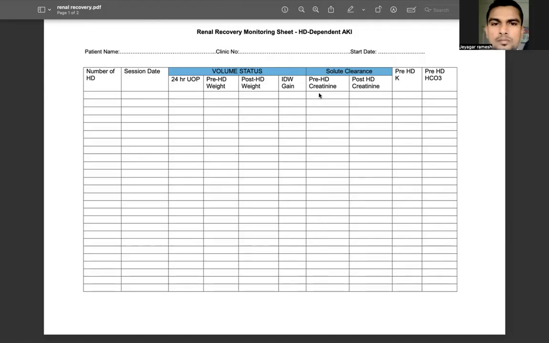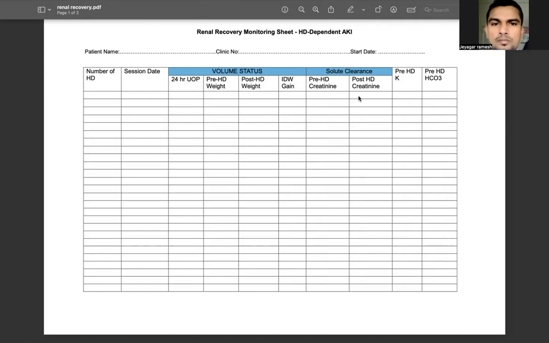Second thing is, we need to assess whether the kidney itself could maintain the solute clearance, that is creatinine clearance, whether it is able to do it on its own. So for that, we use the pre-dialysis creatinine and post-dialysis creatinine. For example, the patient comes with a creatinine of 900.